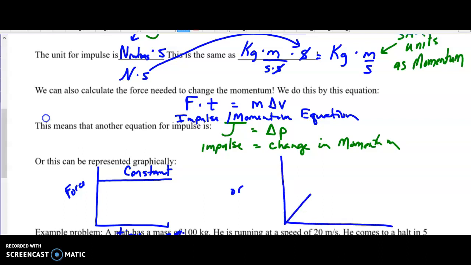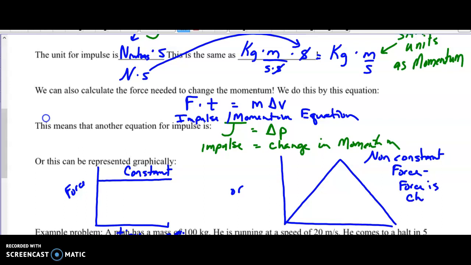So let's say the force increases and then the force decreases. So this would be a non-constant force, because the force is changing. At first it's increasing and then it is decreasing. Okay, so this would be my force. Force versus time.